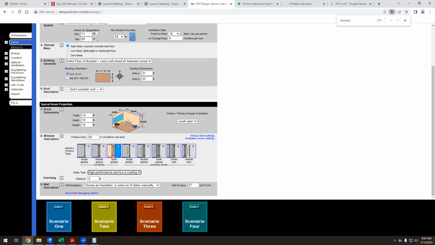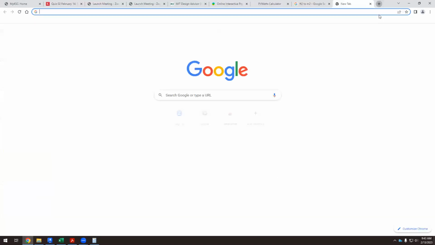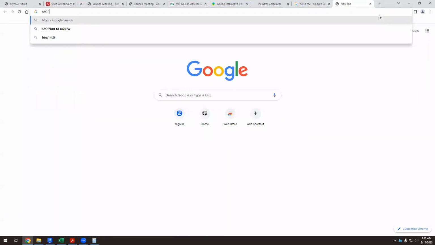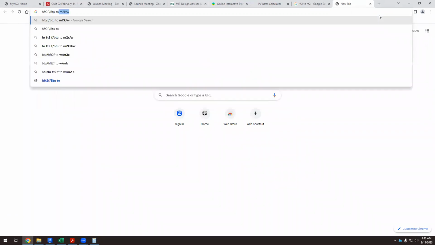Wall description. What is the R value of the wall in square meter? Oh, there. So we have the R value, but not in the imperial units. So we have to change these units too. So we have to convert units from square feet Fahrenheit divided by BTU to square meter Celsius divided by watts.